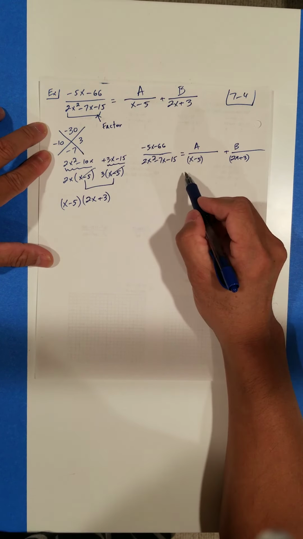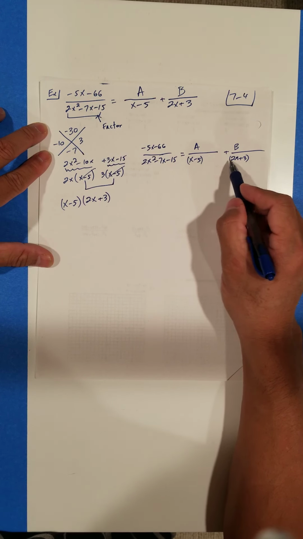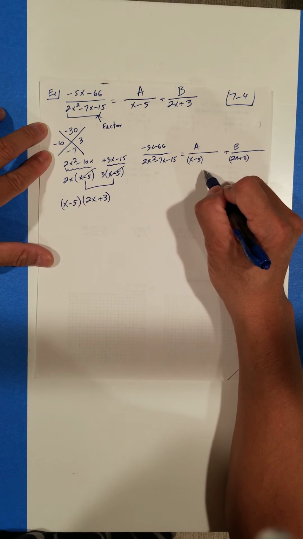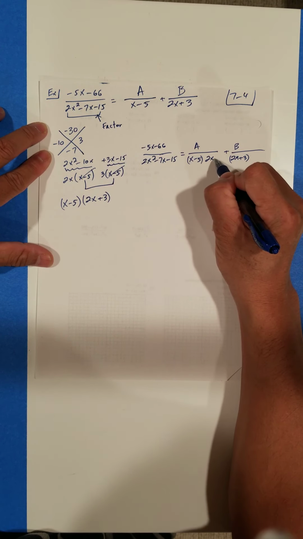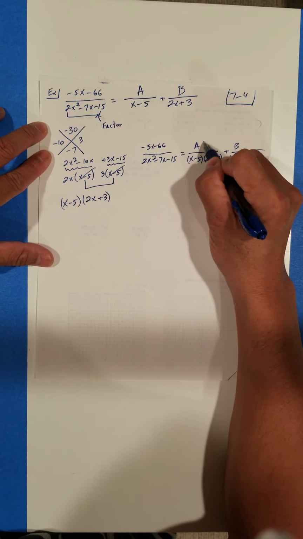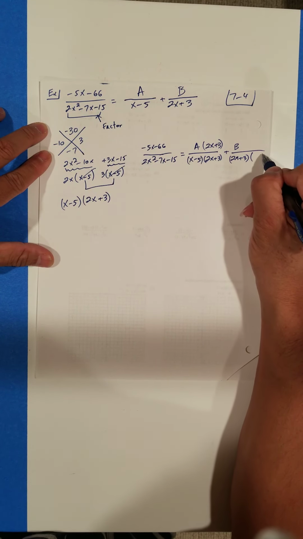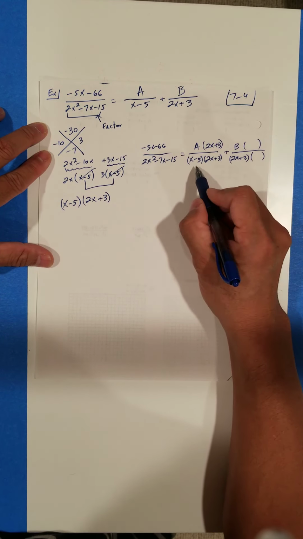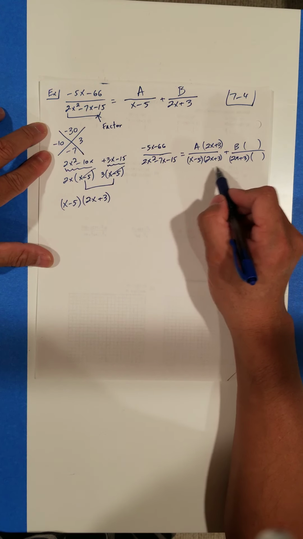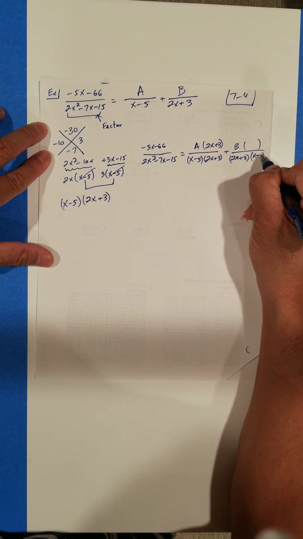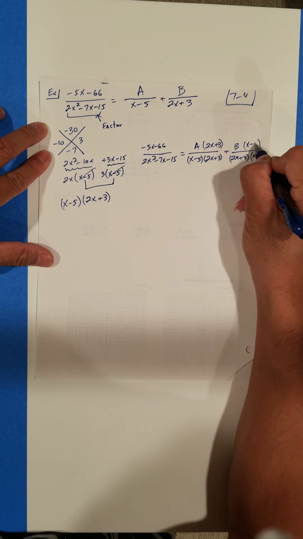Now, before I add the fractions, I have to make the denominators the same. So the first fraction needs 2x plus 3 on the bottom and on top, 2x plus 3. And on the second fraction, in order to make the denominator the same, B needs an x minus 5 on the bottom and on top.